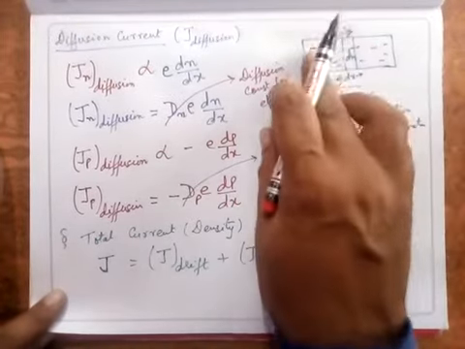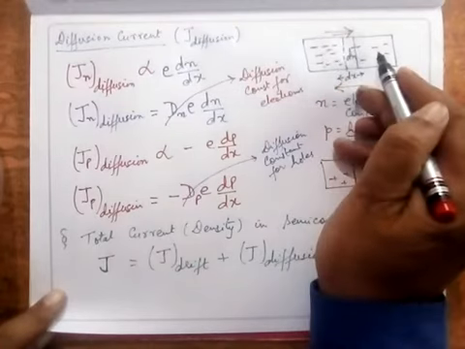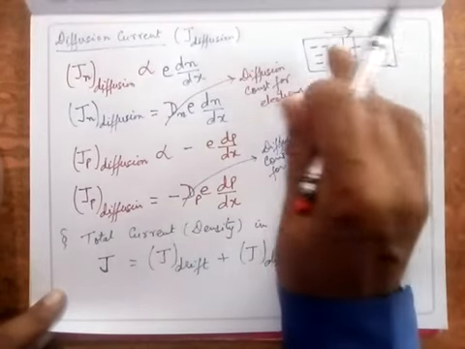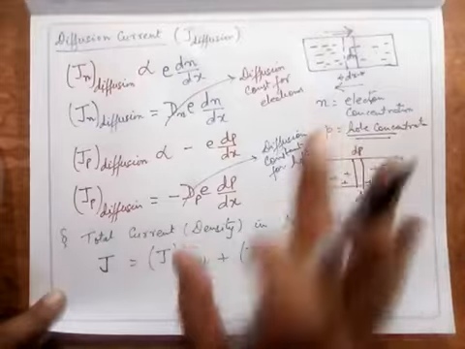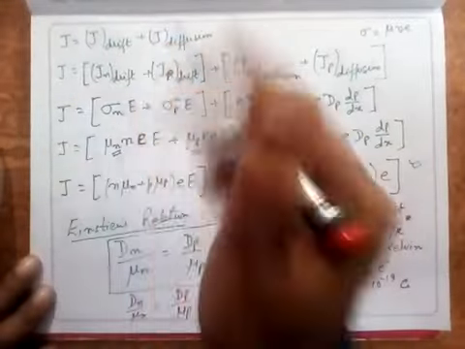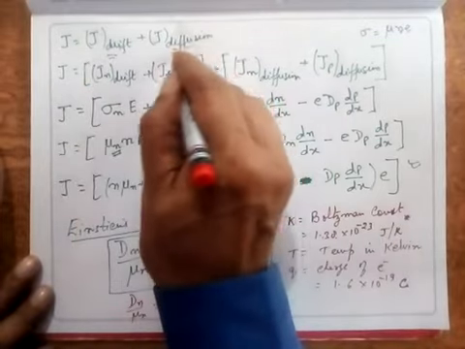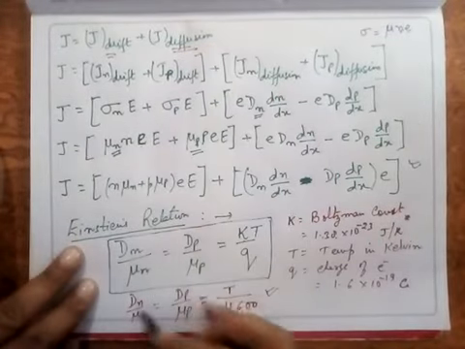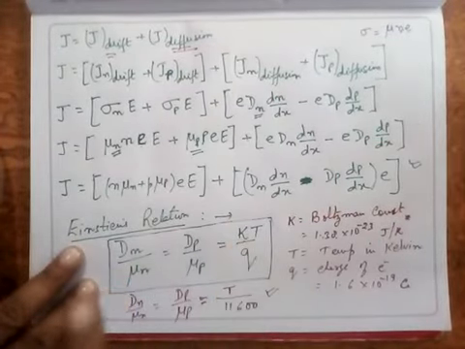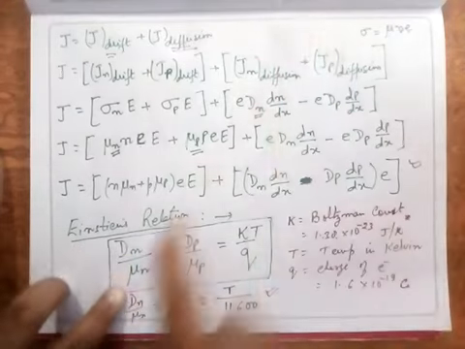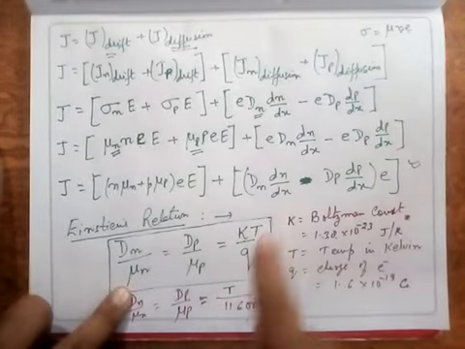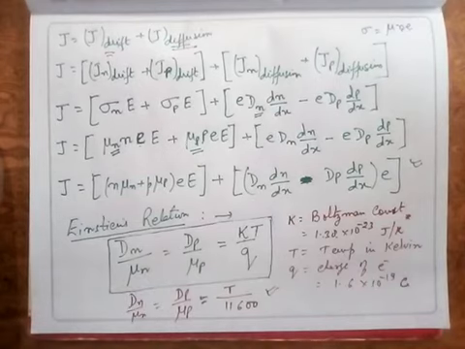When you have higher concentration on one side and low concentration on the other side, the flow of charge from higher concentration to lower concentration is called diffusion current. So total current is drift current plus diffusion current, and this is the Einstein relationship, which relates the constant in diffusion currents and the constant in drift current as kT upon q. So I'll stop it here for the time being. Thank you.